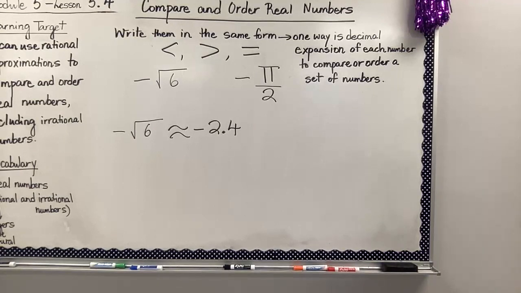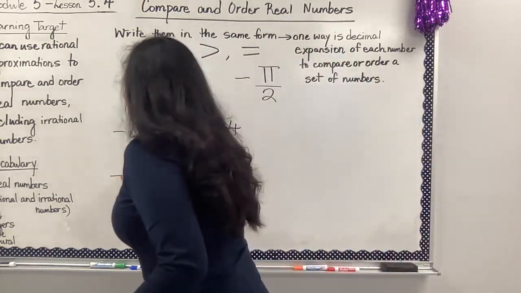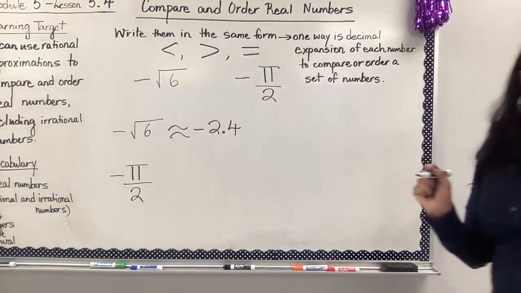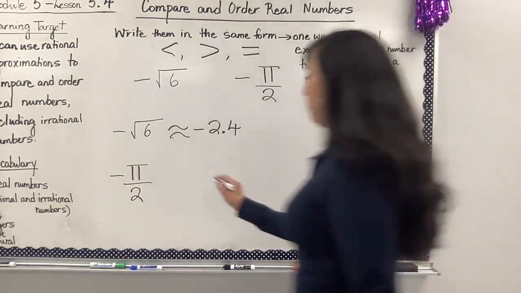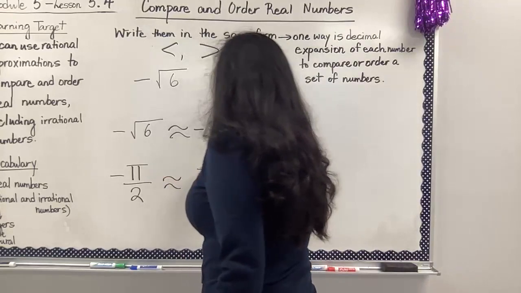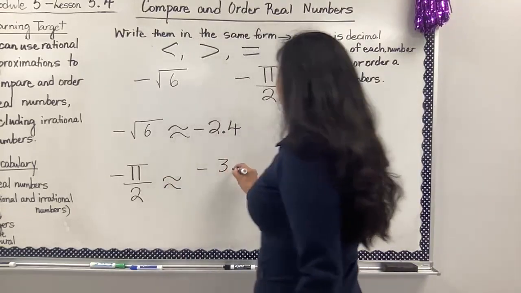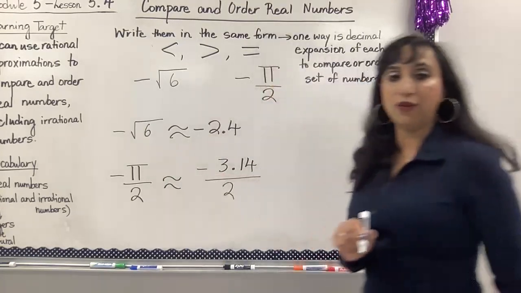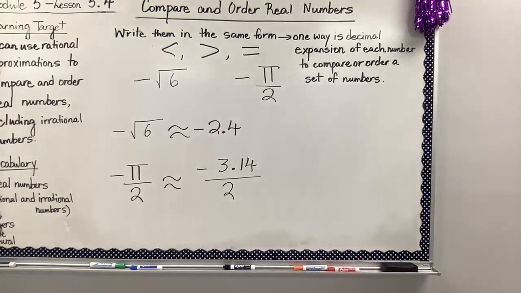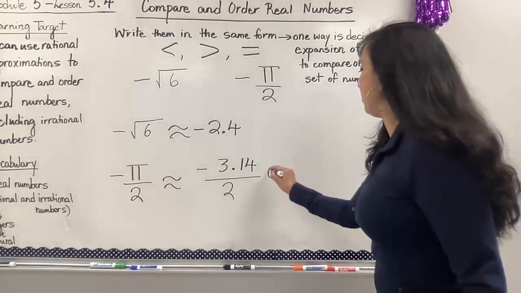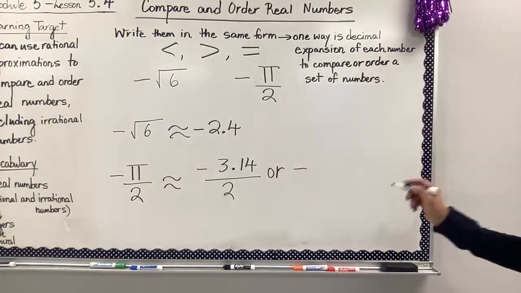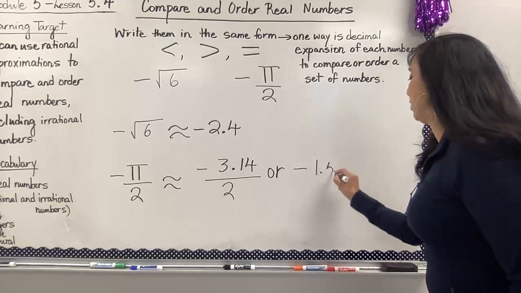And then I have negative pi over 2, which is going to be approximately negative 3.14 over 2. If I am dividing that, what do I get? I get negative 1.57.